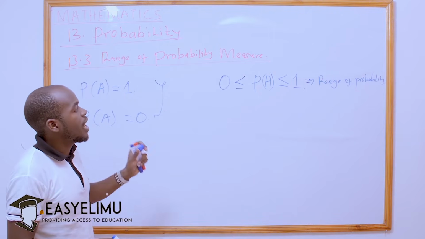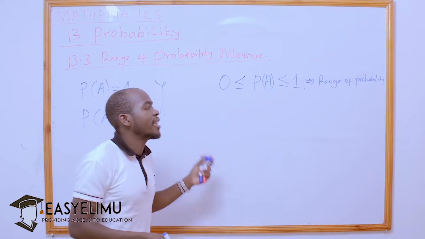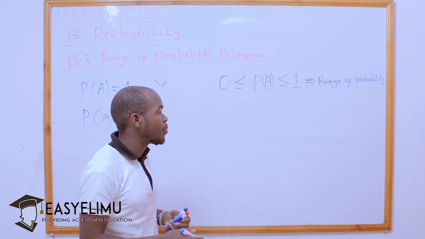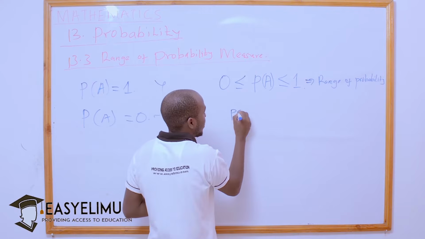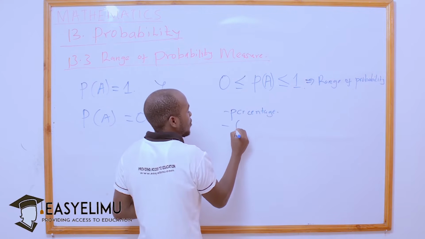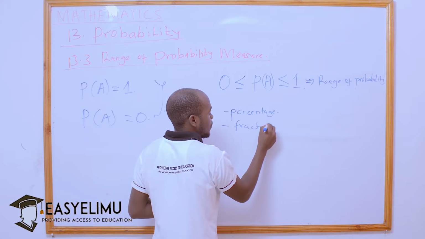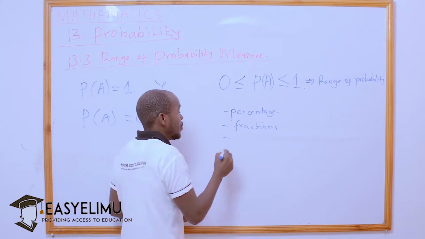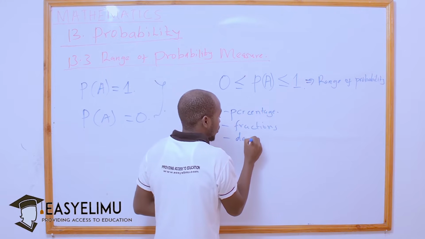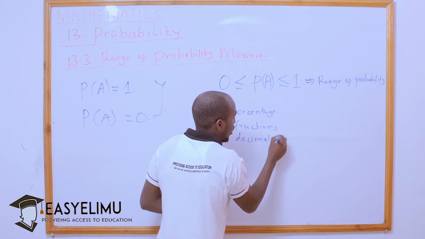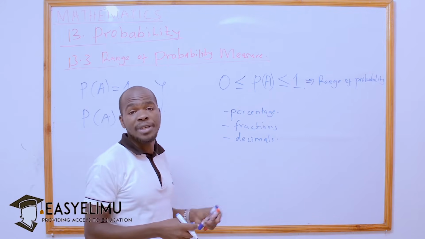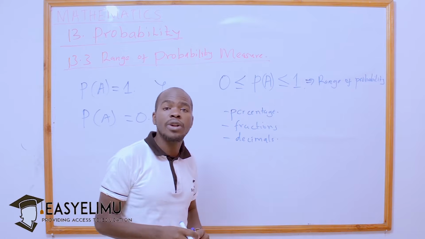So from there, you will find that the given probability may be expressed in terms of percentage, fractions, and you may also find them in terms of decimals. So it depends which best method suits you. You can either express them in percentage, fractions, or decimal.